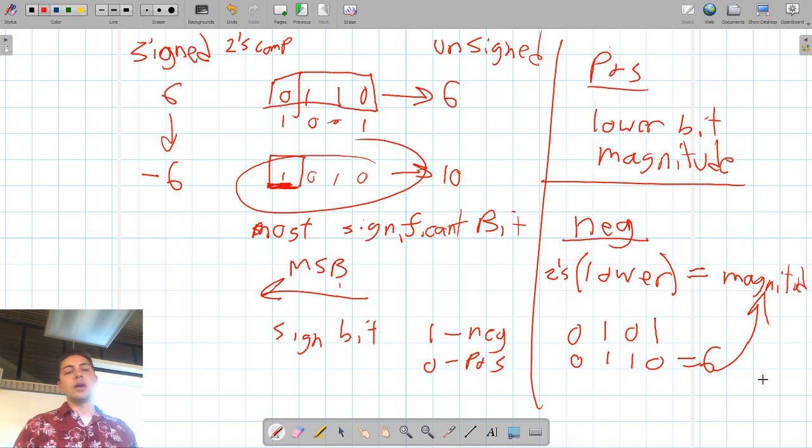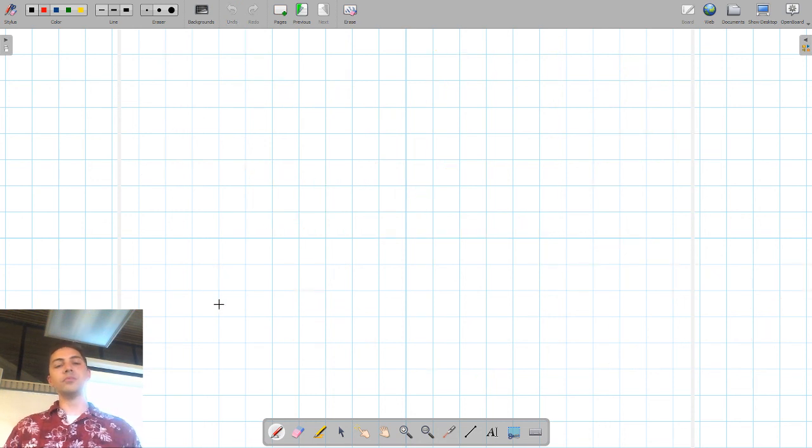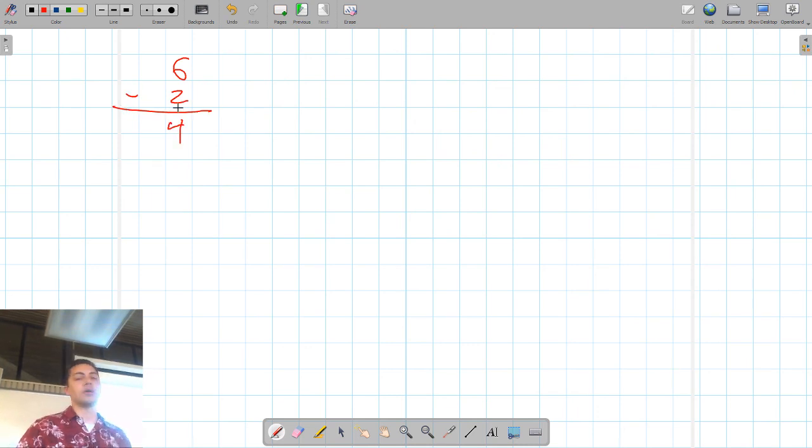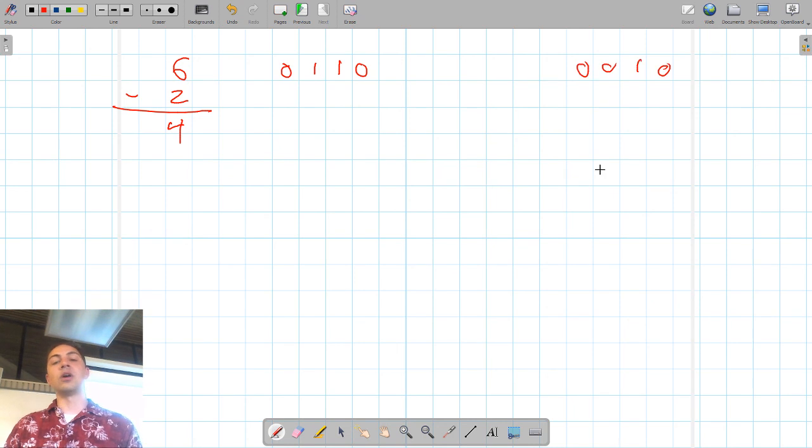Okay. Here's the really interesting thing. We've got time for just this quick example. 6 minus 2 should definitely be 4, correct? 6 as a 4-bit quantity is 0, 1, 1, 0. Negative 2, well, 2 is 0, 0, 1, 0.